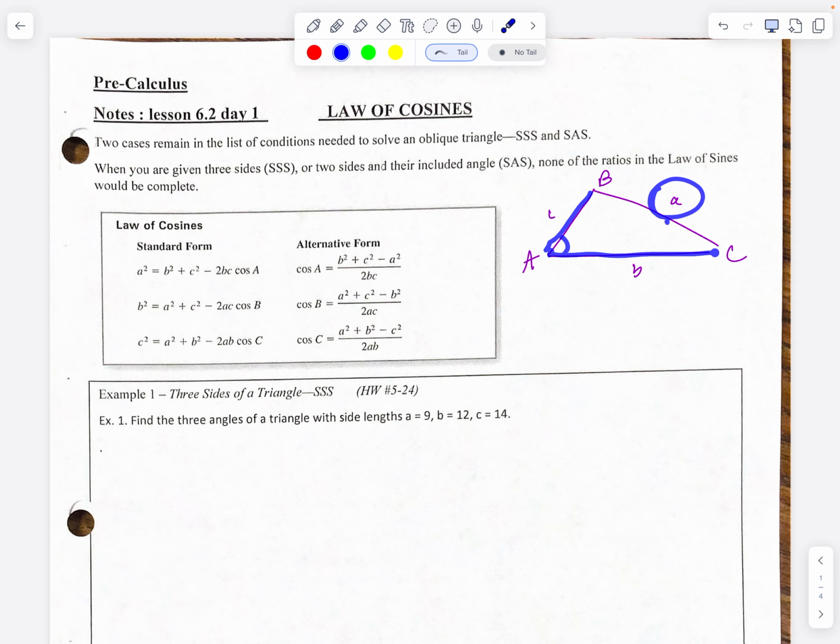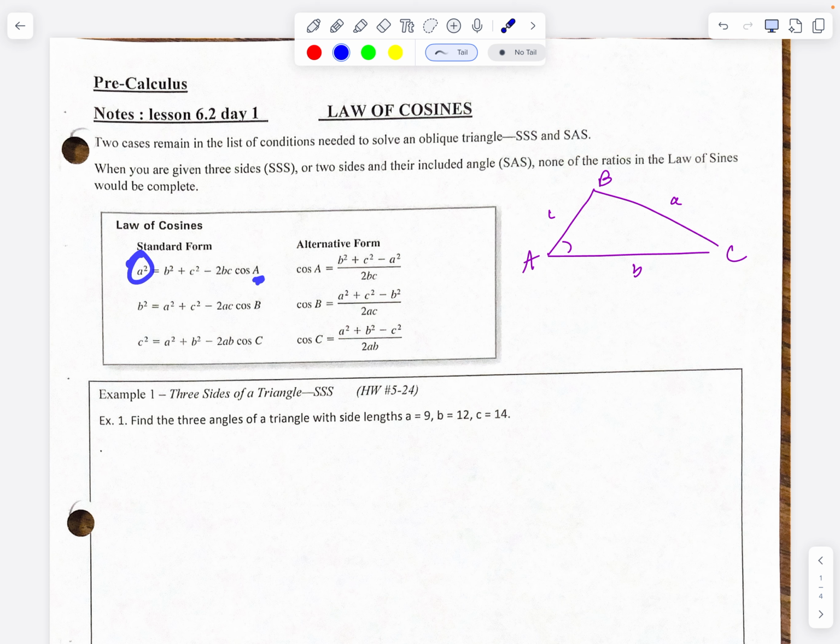And that formula starts with those. The minus a squared is the side opposite angle A. So if I am trying to find the measure of angle A, the side opposite it is 9. The 2 including sides are 12 and 14. It's a pattern. And if you can remember the pattern, it's just helpful, even though you have the formula.